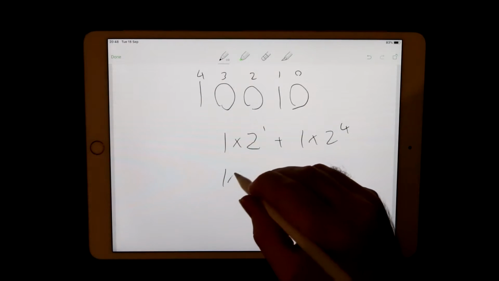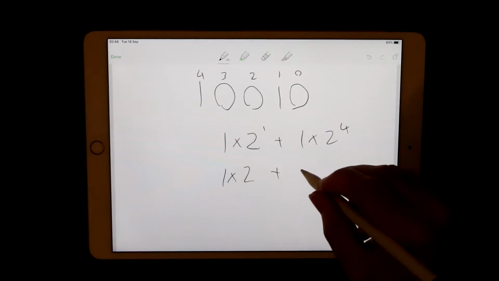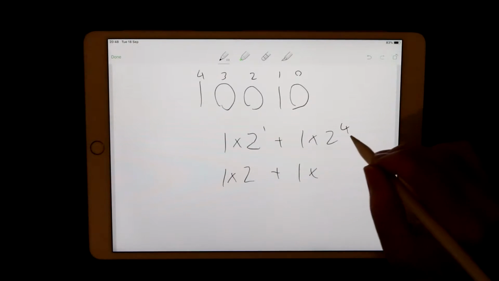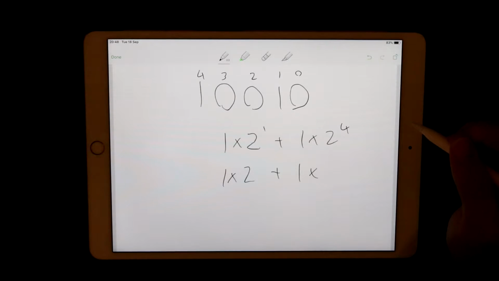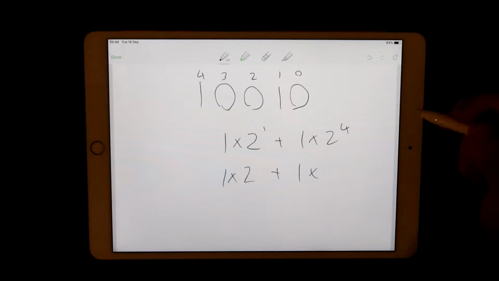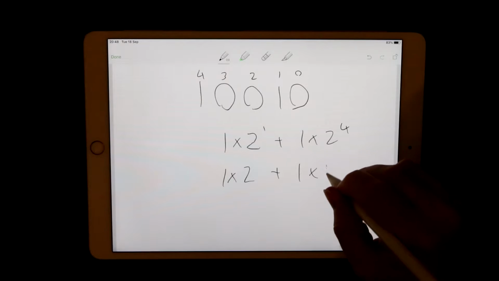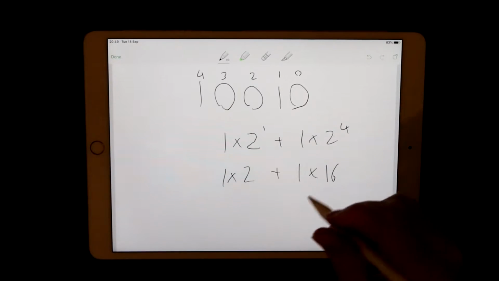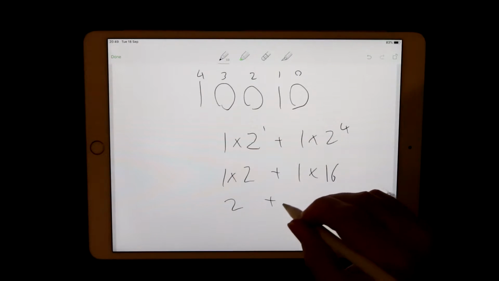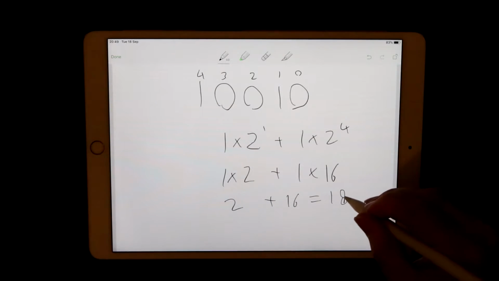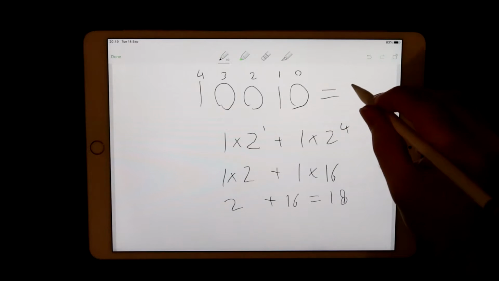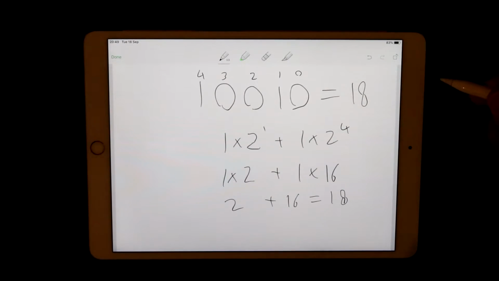This is 1 multiplied by 2 plus 1 multiplied by 2 to the power of 4, which is 16, because it's 2 multiplied by 2 multiplied by 2 multiplied by 2. 2 plus 16 is 18. So we say that this is 18 represented in binary.